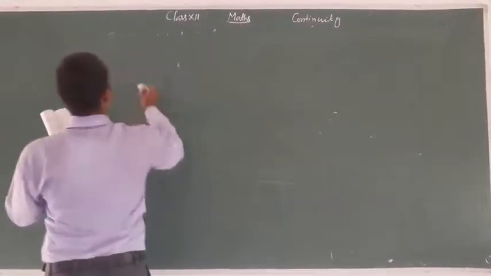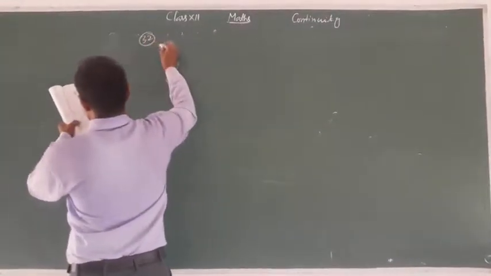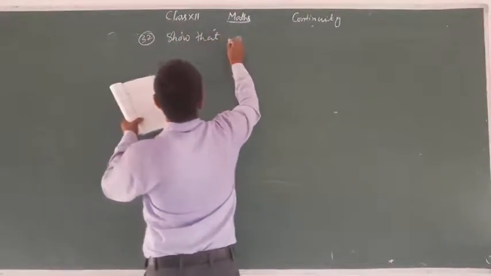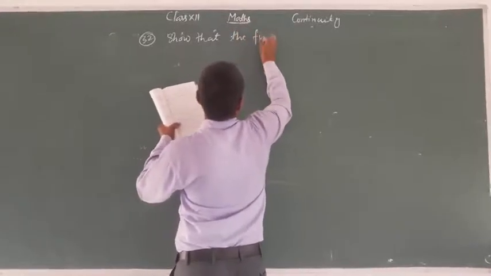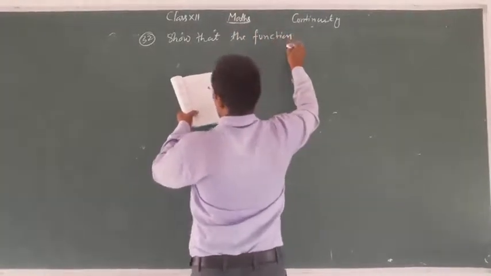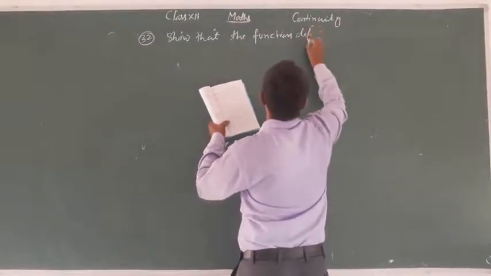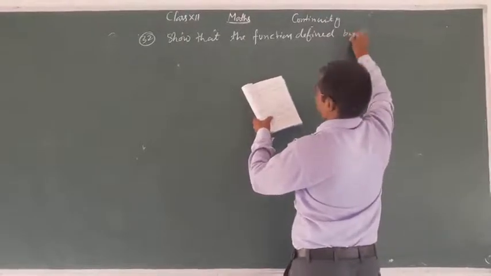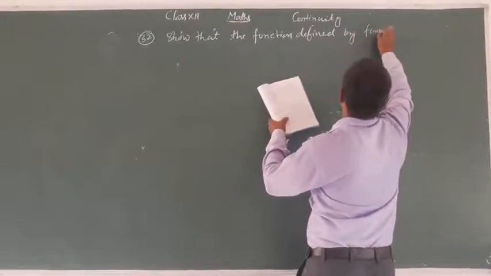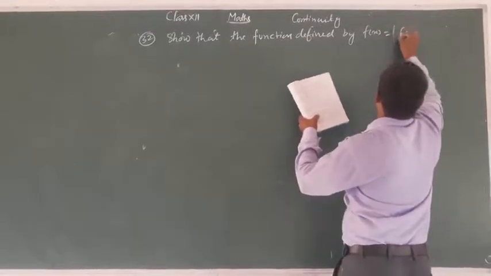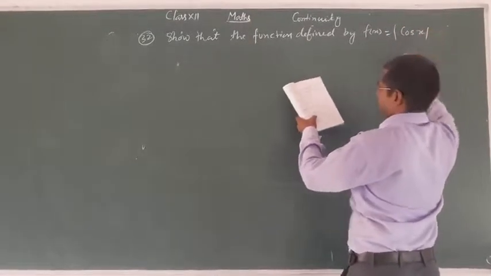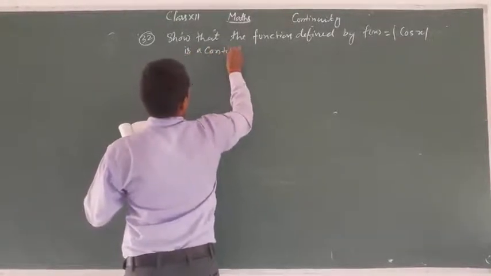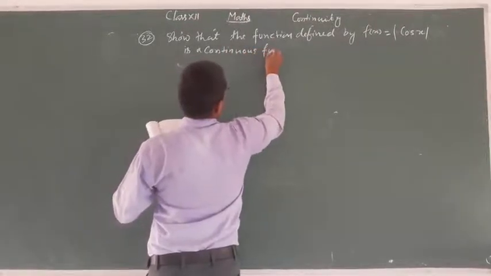Question number 32. Show that the function defined by f(x) is equal to cos of mod x is a continuous function.